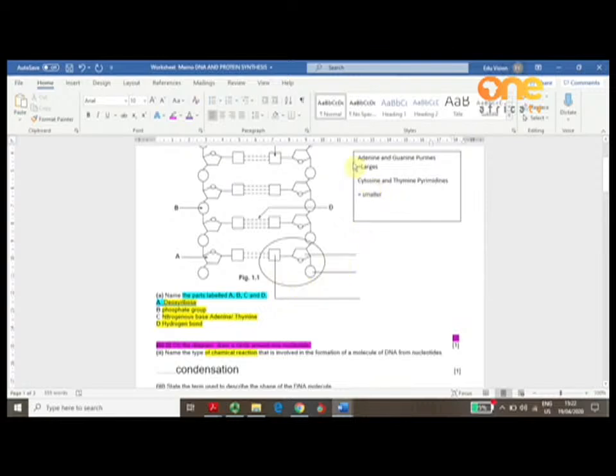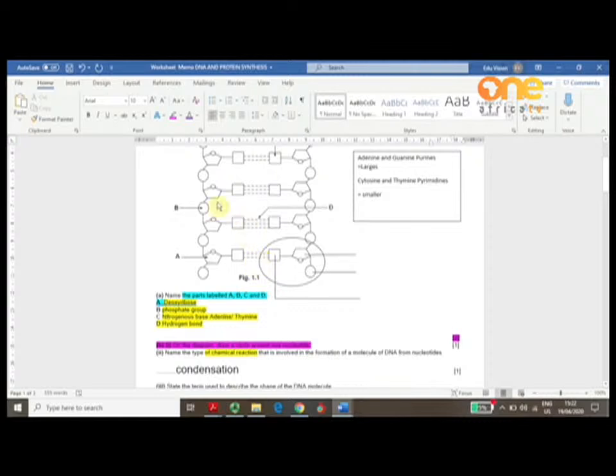And to get our answers, we need to know that this is the deoxyribose sugar. This will be the phosphate group. And this one, the nitrogenous base. Again, it will be either adenine or thymine due to the 2 bond.